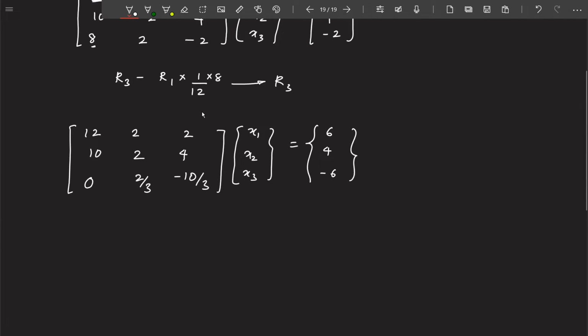Now the next thing you are going to do is make this element 0. To make that element 0, you are going to use this row. So you are going to divide it by 12 and then multiply it by 10.